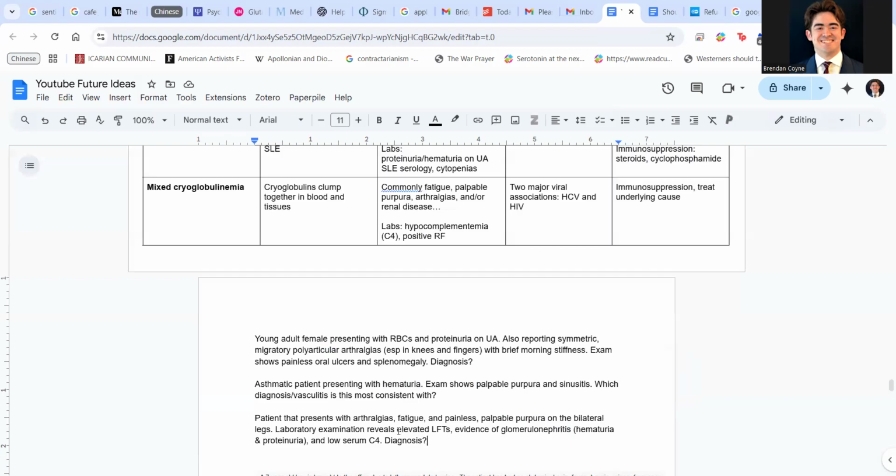But really the main thing are the additional findings that you see in mixed cryoglobulinemia. So you're going to see potentially the transaminitis. You do not see elevated LFTs in ANCA-associated vasculitis or in IgA nephropathy. And then also the low serum C4. Remember at the beginning when we talked about it's very important. IgA nephropathy has normal C3, normal C4.